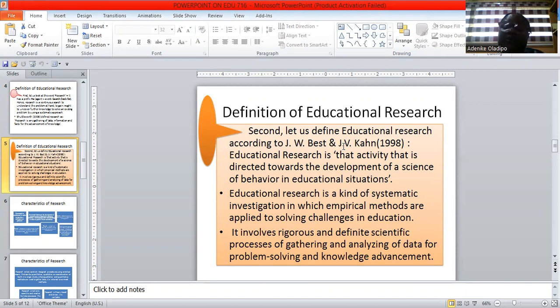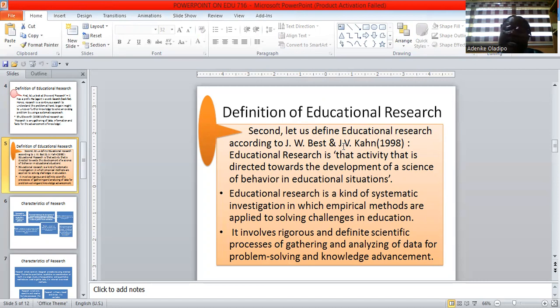J.W. Best and J.V. Kern define educational research as that activity that is directed towards the development of a science of behavior in educational situation. When an activity is geared toward development of a science of behavior, and it's tailored to an educational situation, we refer to it as educational research.